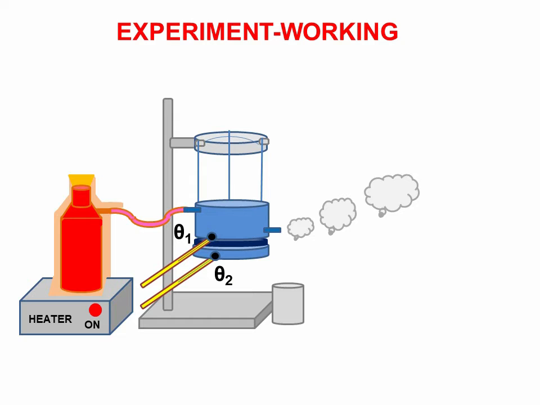Theta 1 is the first to attain steady state, and note theta 1. Still you have to wait till theta 2 gets to steady state. After some time it will also come to steady state.